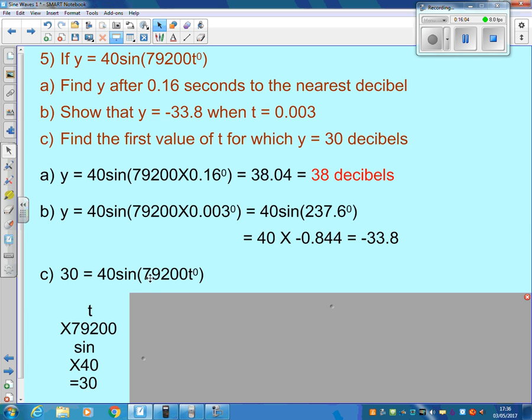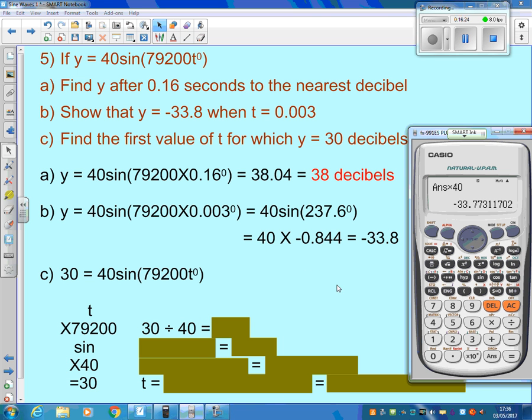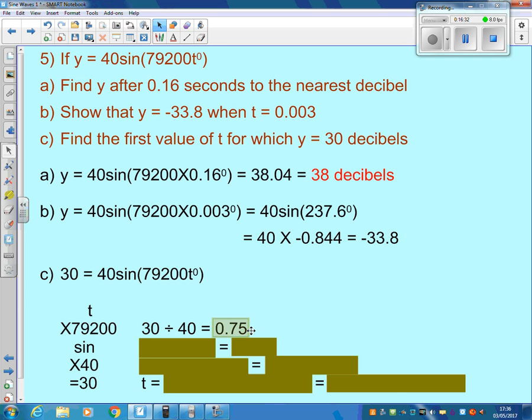Now we come backwards doing the opposite. So start with 30, and the opposite of times 40 is dividing. 30 divided by 40 equals 3/4 or 0.75.